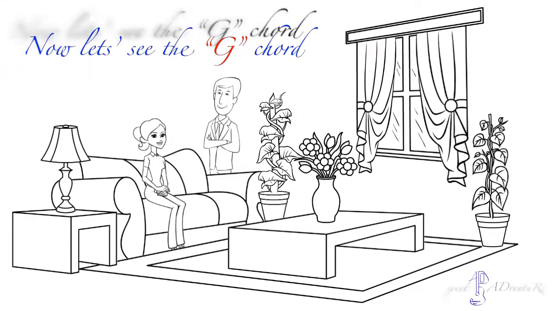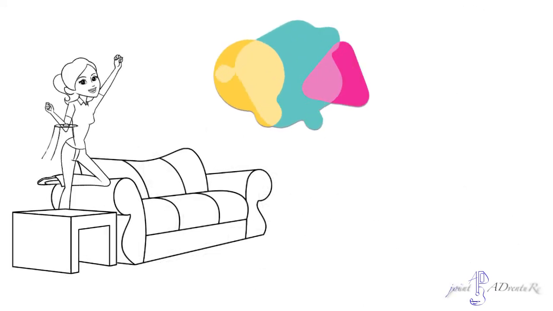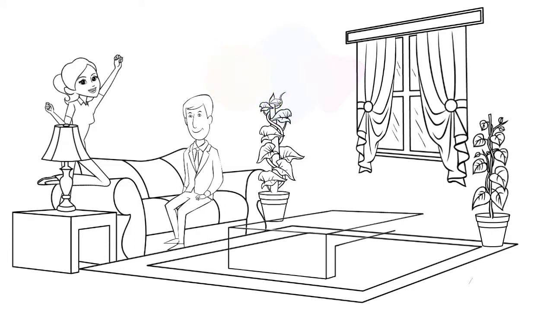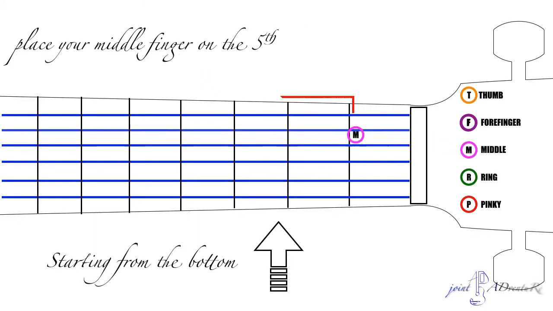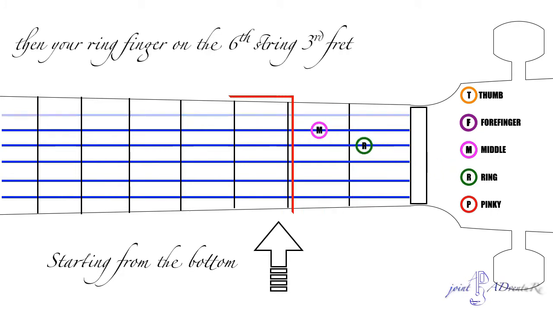Now let's see the G chord. Again, starting from the bottom, place your middle finger on the fifth string, second fret. Then your ring finger on the sixth string, third fret.